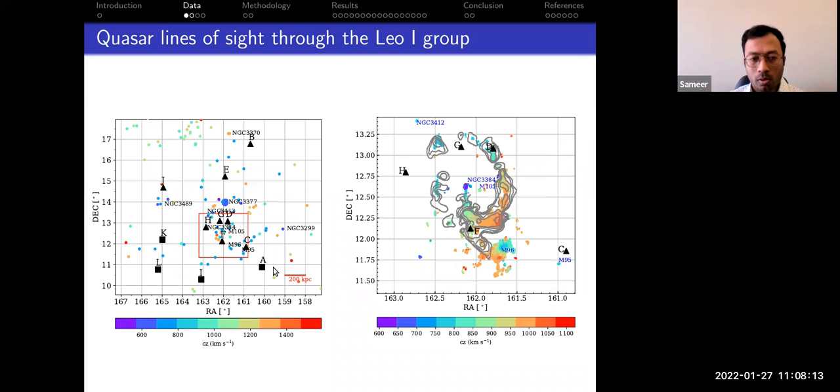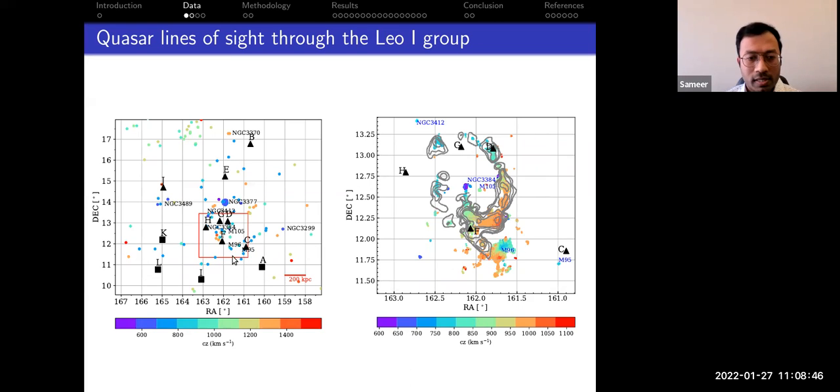Because it's so close to us, we have a complete census of the galaxies, even the low surface brightness dwarfs that may be present in this region. Moreover, this being a galaxy group, there are several galaxies whose CGM would be overlapping, and we can test if we are able to extract which absorption components are related to which galaxies or to processes within galaxies.